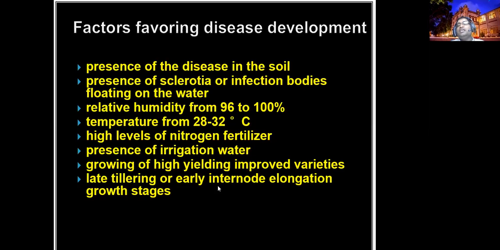Normally the high yielding improved varieties are susceptible cultivars. If susceptible varieties are present, definitely you can expect this disease. And late tillering or early internode elongation, right? If the cultivar has early internode elongation, you can easily expect more sheath infection. And if it is late tillering, in the advanced stages, if it produces more tillers, definitely you can expect this sheath disease. So these are the conditions favorable for the disease.